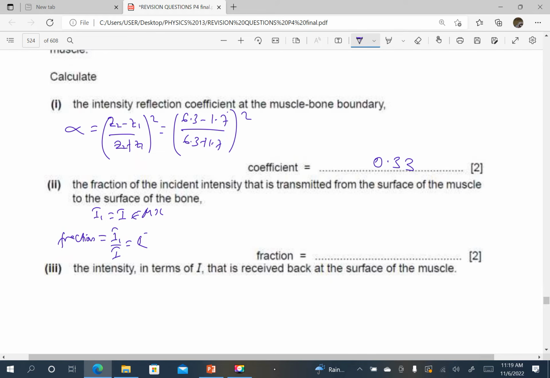They gave us mu for muscle as 23, and the thickness is 4.1 centimeters, so it will be 4.1 times 10 power negative 2. So we press the calculator. Remember, there's a negative here.